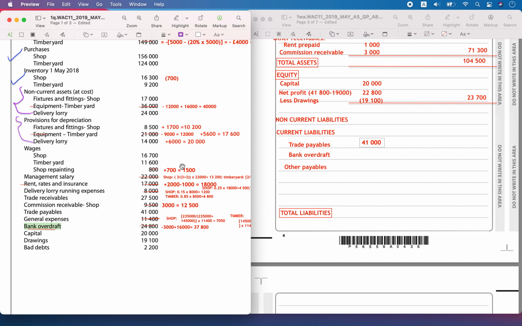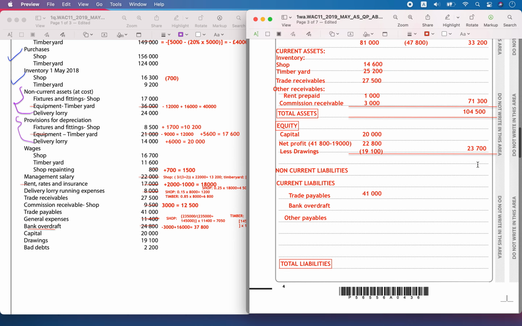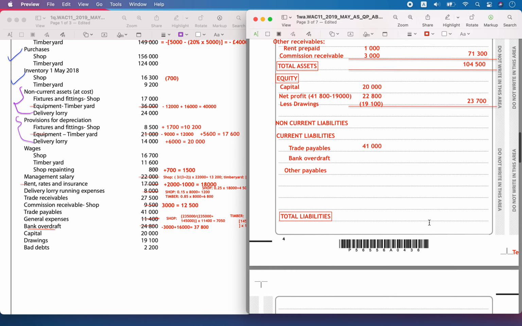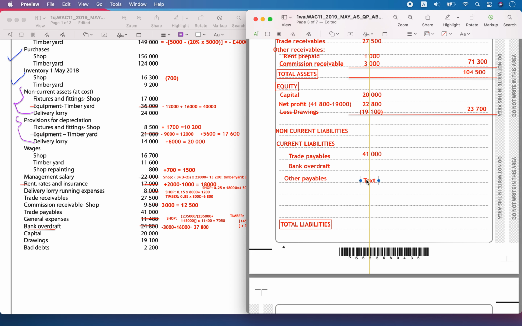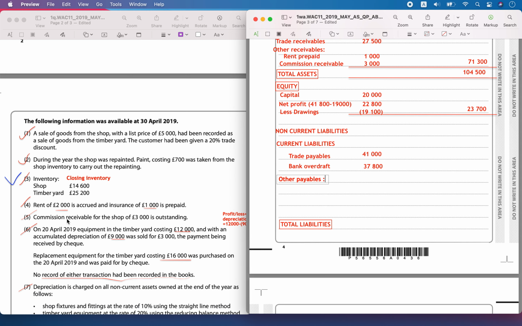Then you have the bank overdraft, which we had calculated after adjustments. It was 37,800. And other payables. What are the other payables going to be equal to? Anything that was outstanding, like expense accrued.